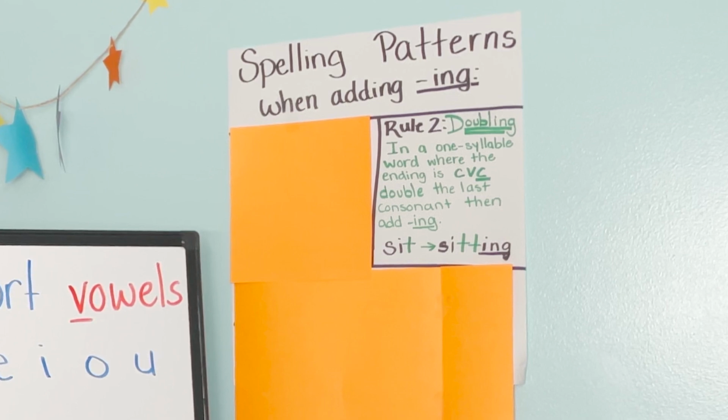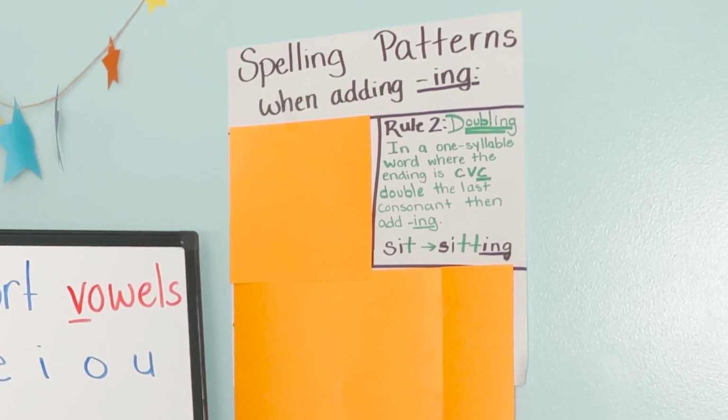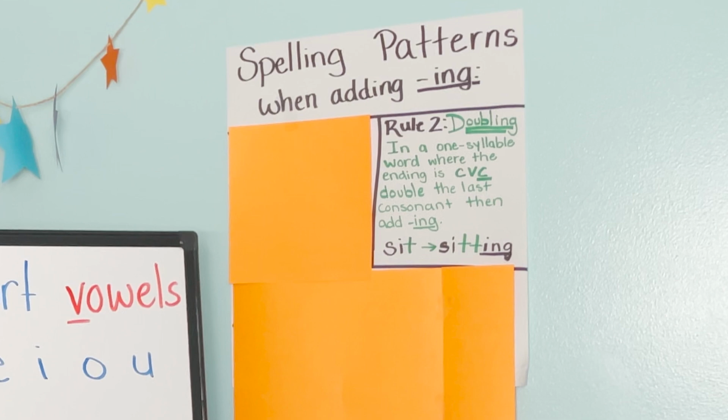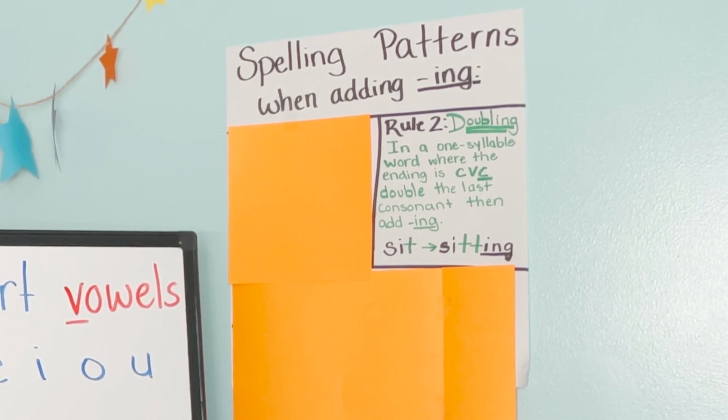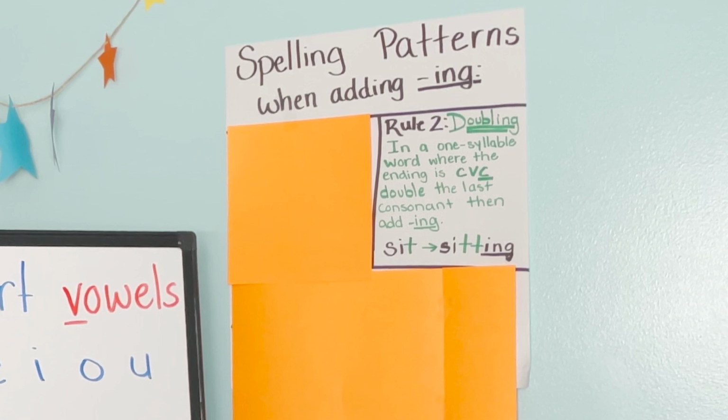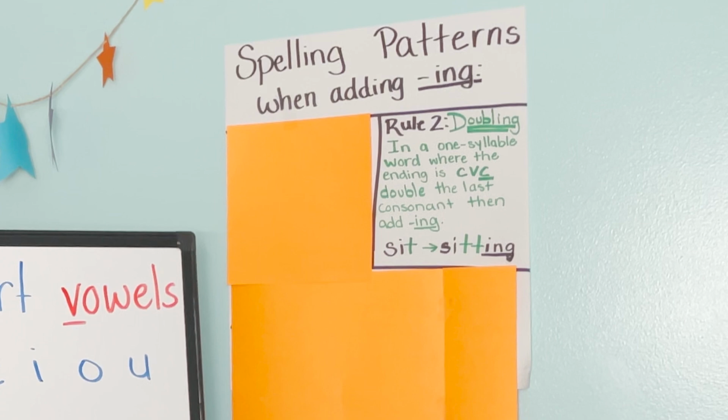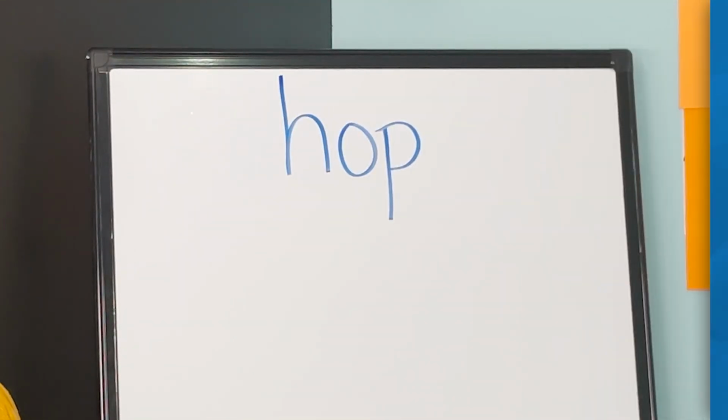Let's look at the example. It says sit. Sit follows the consonant-vowel-consonant pattern. S is a consonant, I is a short vowel, T is a consonant. So we need to double that T before we can add ing. So we change the word from sit to sitting. She is sitting in her chair the right way. Here's the word hop, like the bunny can hop.